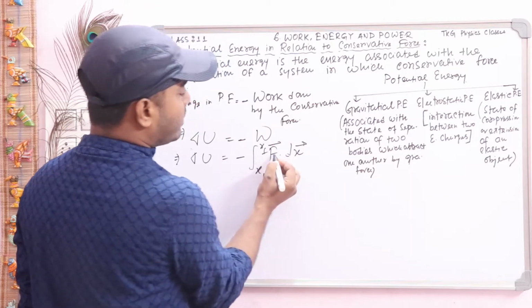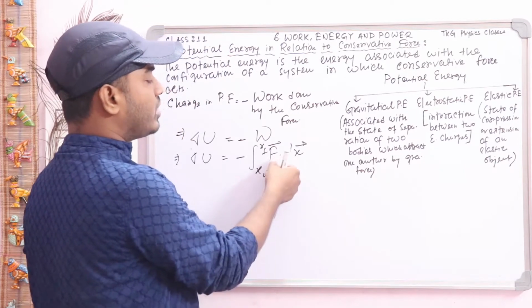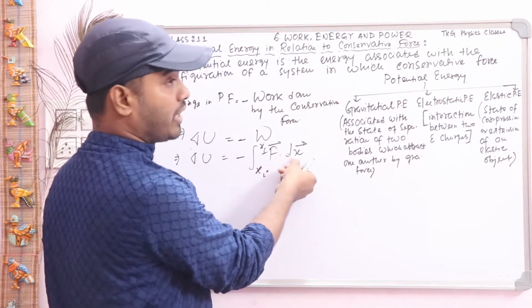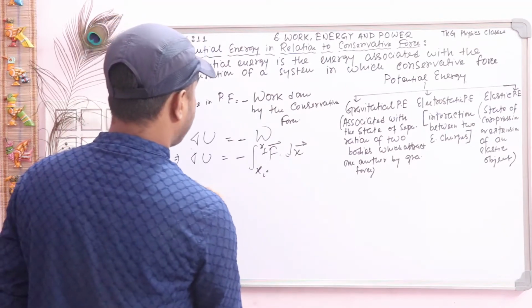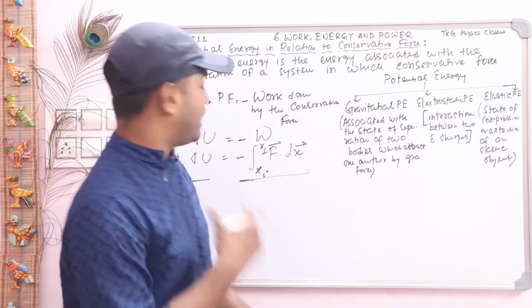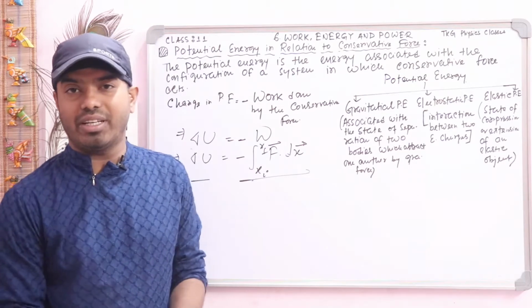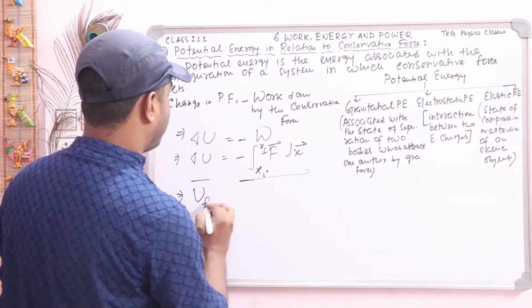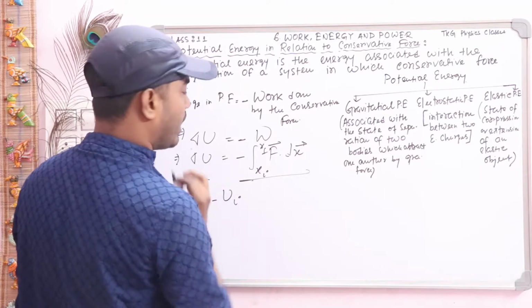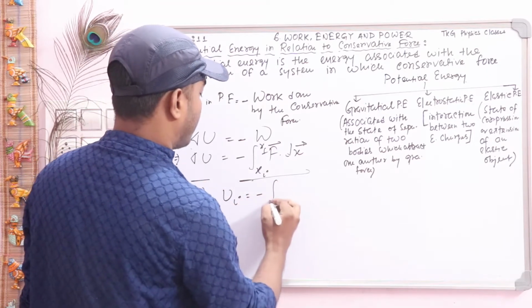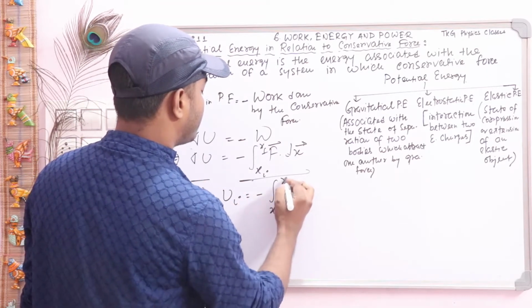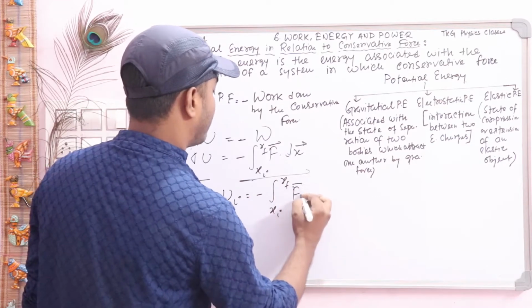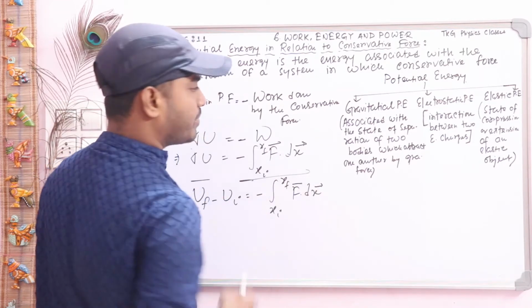Here suppose F is a function of x, that is force depends on position. This is the actual definition of change in potential energy. So you can write Uf minus Ui is equal to minus integral from xi to xf of F dot dx.